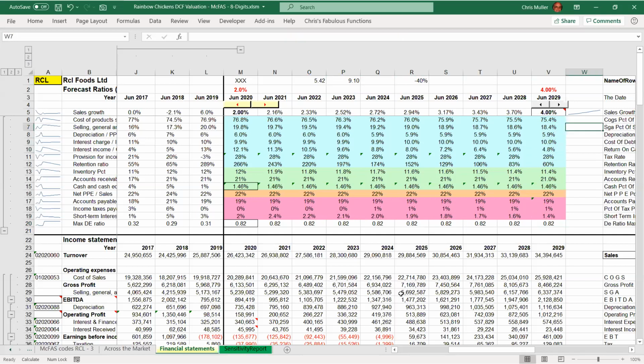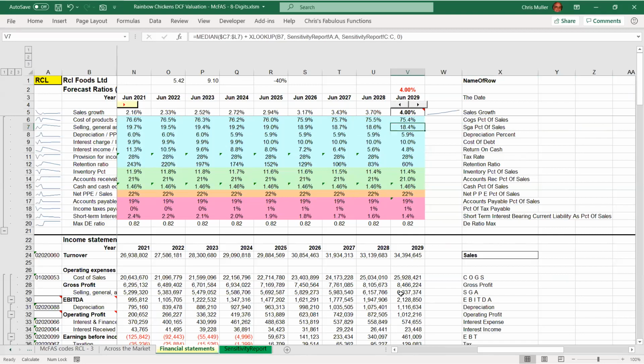Well, there's another piece that I should show you here, and that is, here's the median that I spoke about. But what's this X lookup part? This is referring to a sheet that we'll get to much later, the sensitivity report. And right now, if I press F9, you'll see that is adding 0. This is for us later to test how sensitive our model is to changes in inputs.